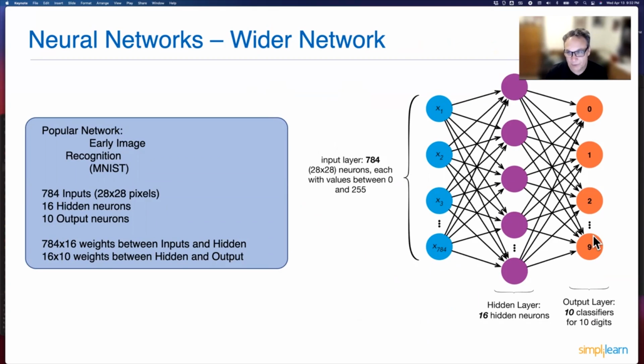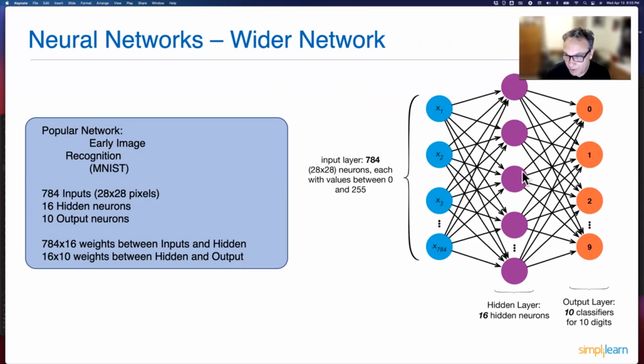So how many neurons do we have? Well, let's talk about inputs first. How many inputs do we have? The way we drew this, with this dot, dot, dot, we have 784 inputs. Why? I'll explain in a minute.